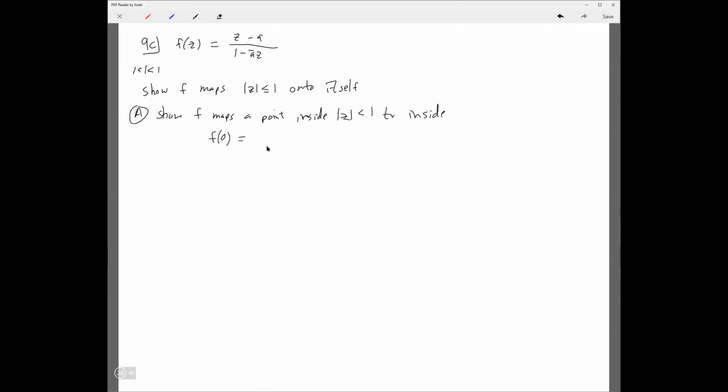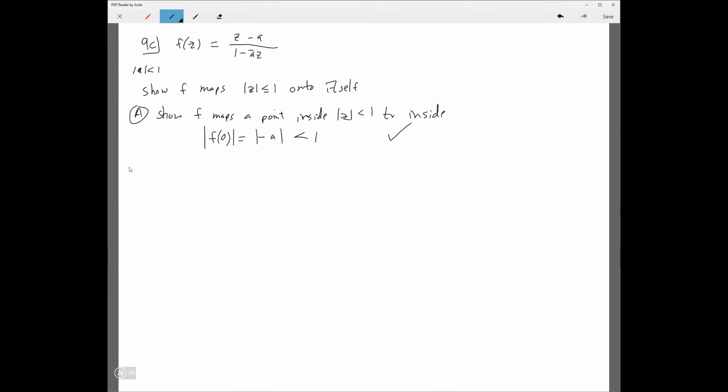And if you put a 0 in here, you're going to get negative A, which is less than 1. So you do need this part. It's less than 1 because modulus of A is less than 1. So that pretty much does the first part.